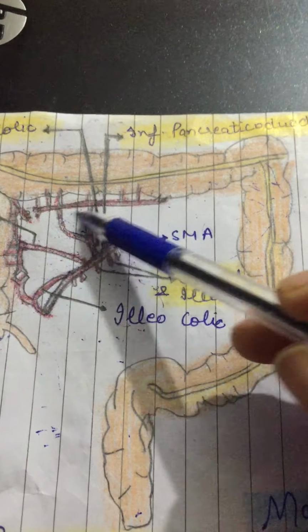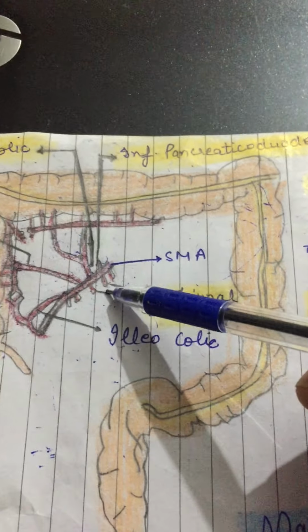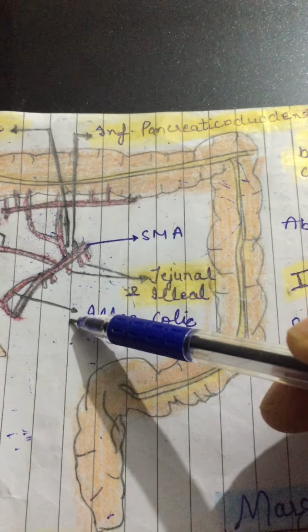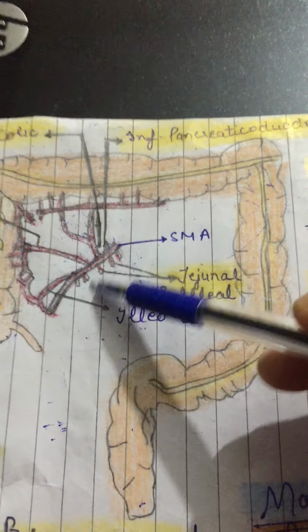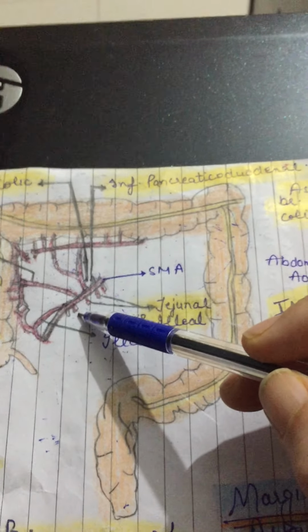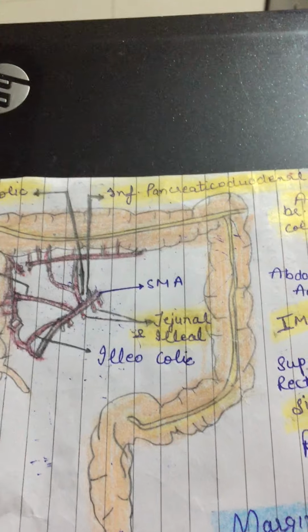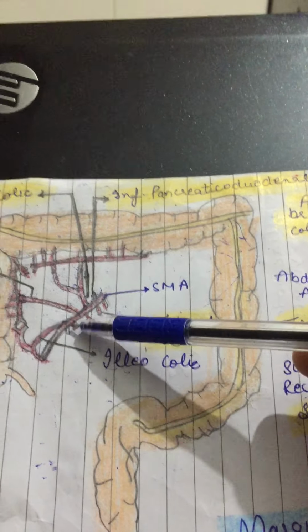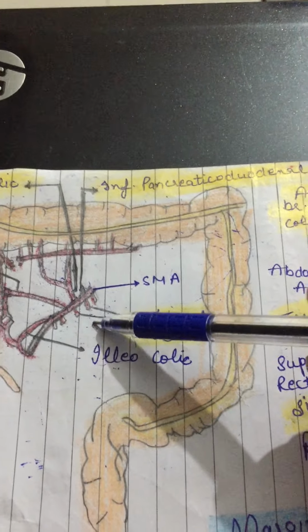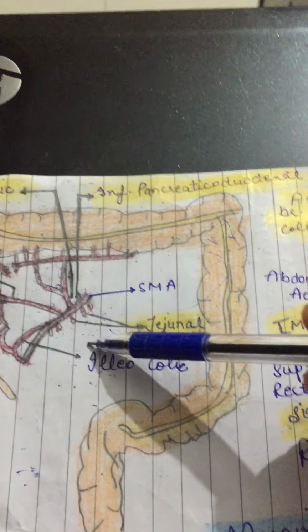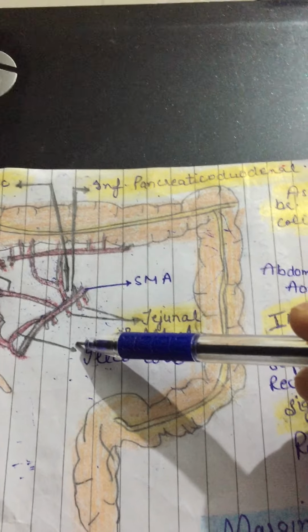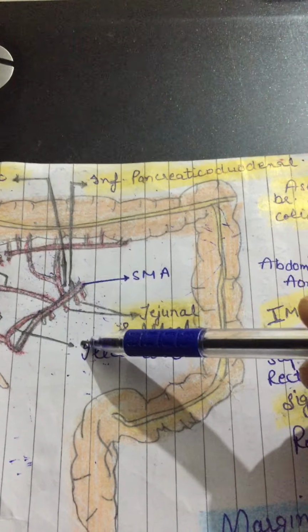Now these are the right side branches. The left jejunal and ileal branches are 12 to 15 in number and arise from the left side of the superior mesenteric artery. They run between two layers of the mesentery towards the gut. They anastomose with each other and form the arterial arcades, which give off straight branches or vasa recta to the gut, which I already discussed in the small intestine class.